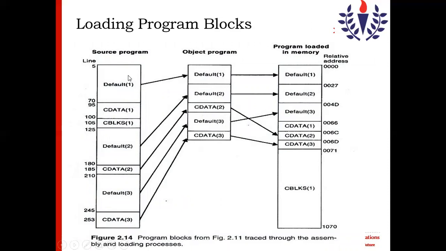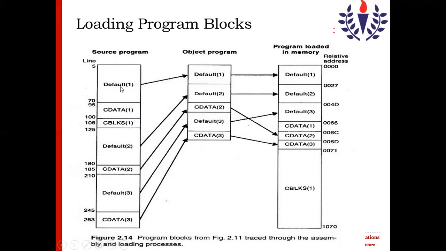Loading the program blocks. The source program runs from 0 to 70 and that is given here. After that comes one block from 125 to 180, the default block. Then C data blocks are created, one default code is created, and this is the whole source program.